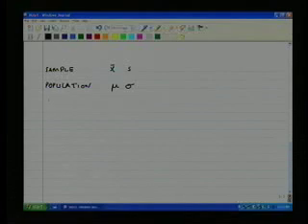Let's see what we know about the sampling distribution. Let's talk about a specific sampling distribution: a sampling distribution of sample means.